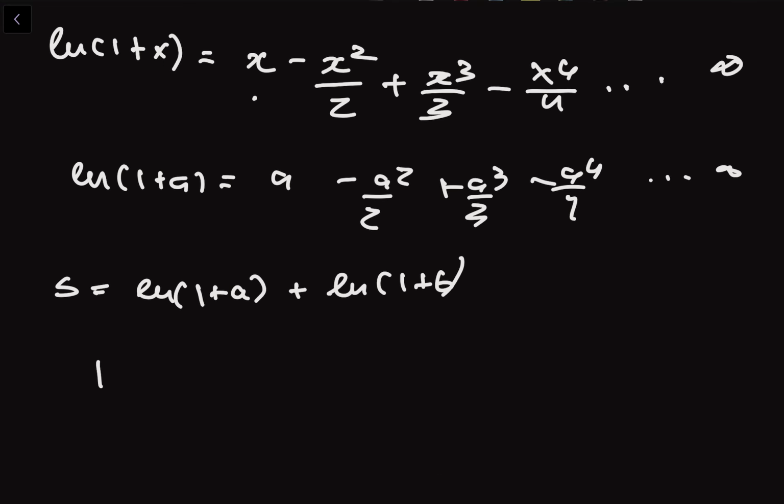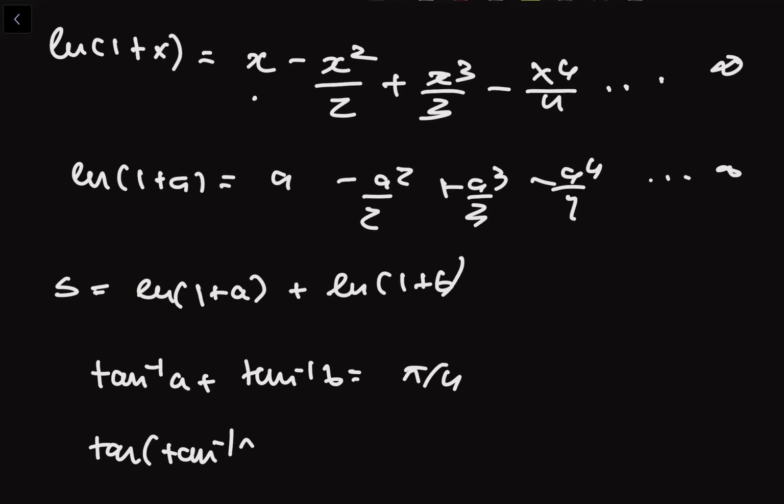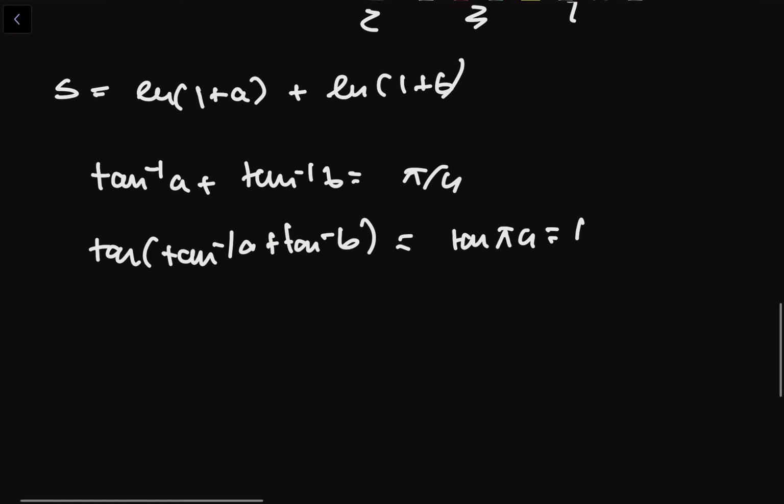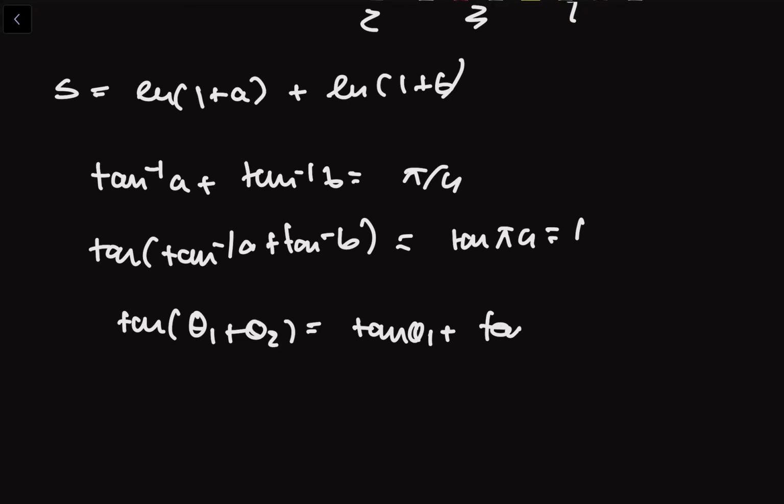Now let's make use of the fact that tan inverse of a plus tan inverse of b is equal to pi by 4. So let's just take tan on both sides. So tan of tan inverse a plus tan inverse b is equal to tan pi by 4, which is 1. So we know that tan of theta 1 plus theta 2 is tan theta 1 plus tan theta 2 divided by 1 minus tan theta 1 tan theta 2.